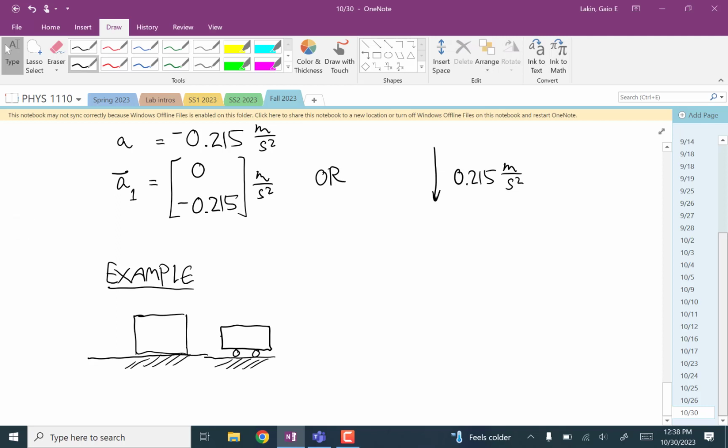Okay, so this time let's say that we have a 100 kilogram object pulling on a 200 kilogram object. There's a force this way of 1,000 newtons. The coefficient of friction for that 200 kilogram box is 0.1.